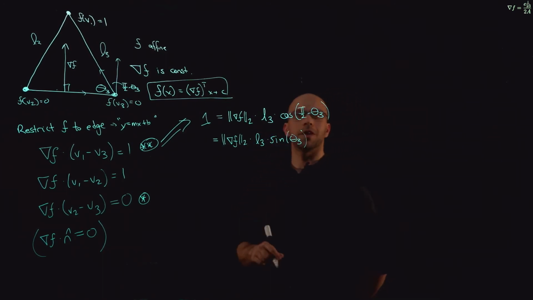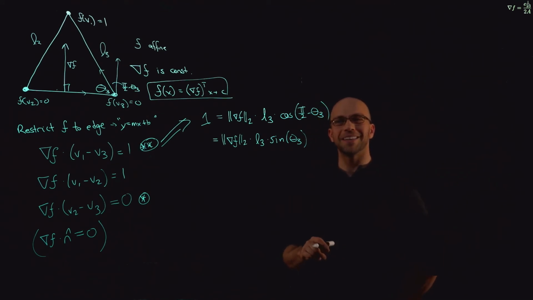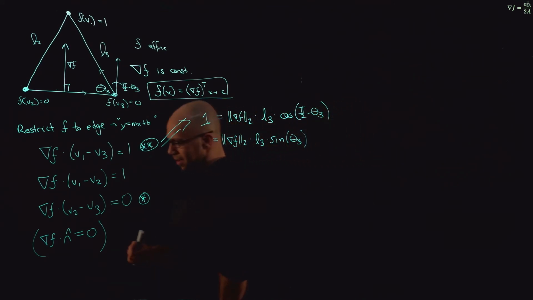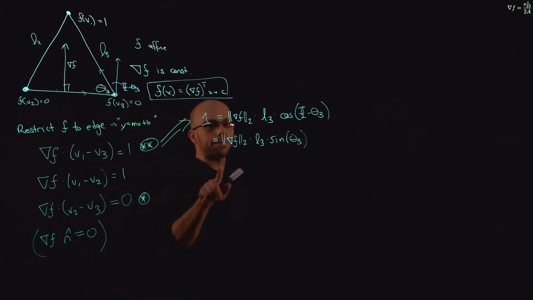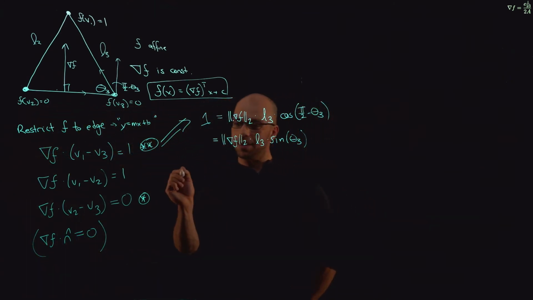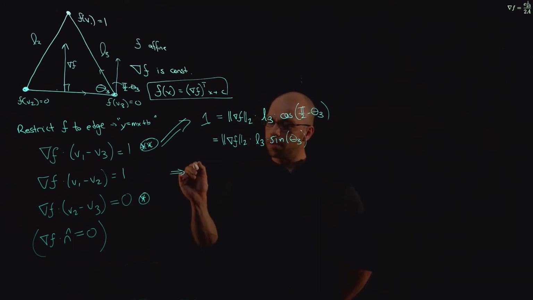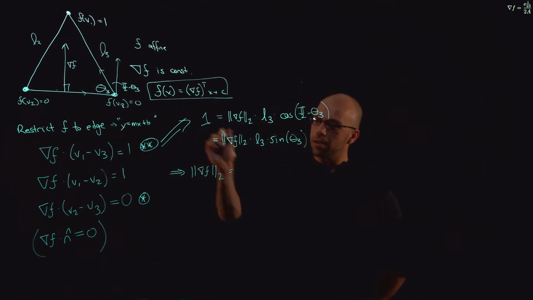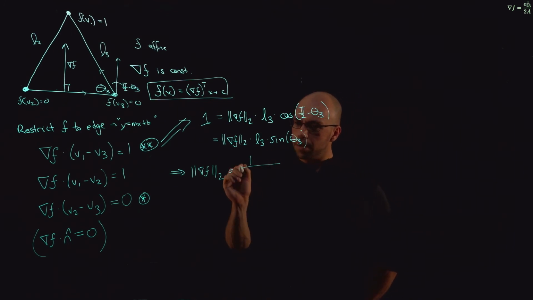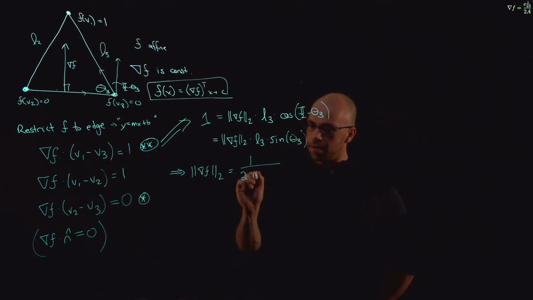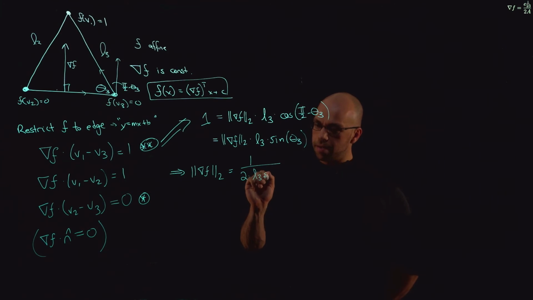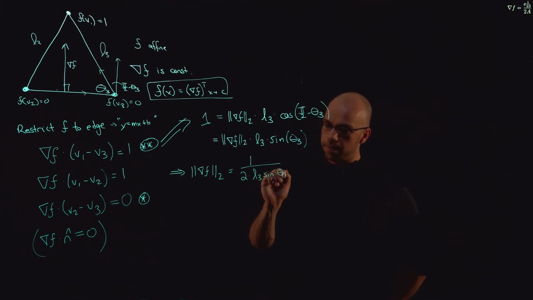Okay. I'm going to stick to high school trigonometry for a little while here. So in particular, we can isolate the norm of the gradient of our function here. And what are we going to get? We'll get that the norm of the gradient of f, the 2 norm, is equal to 1 over L3 times sine of theta 3.